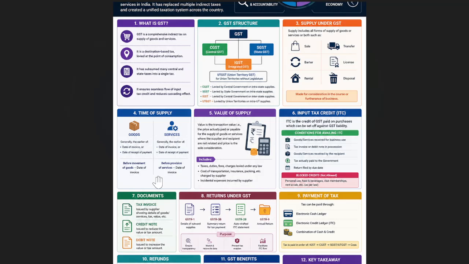But in the case of goods, you need not pay GST on the receipt of the advance, only on the supply of the goods. So, here one correction has to be done in this infogram: in the case of goods, it is the supply of the goods or the date of invoice, whichever is earlier.